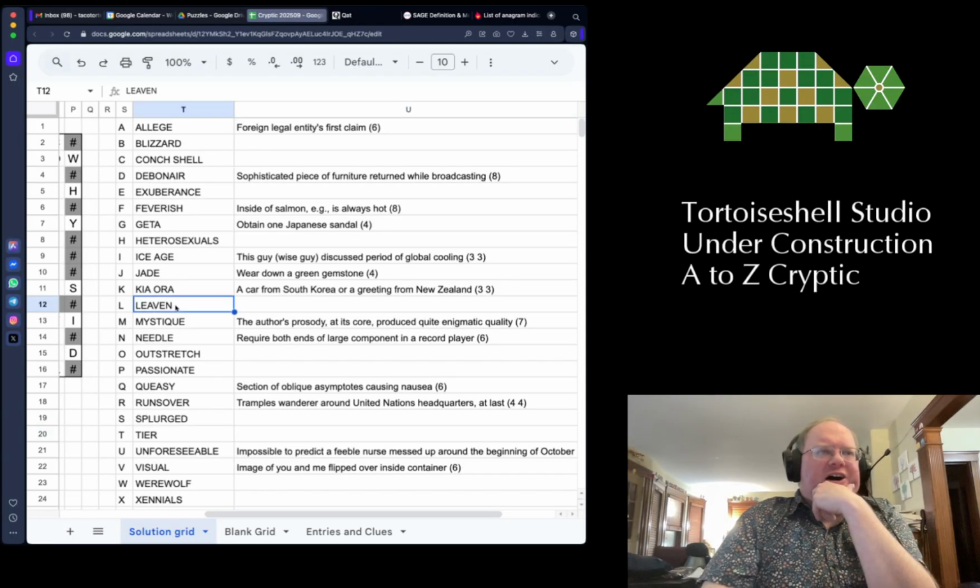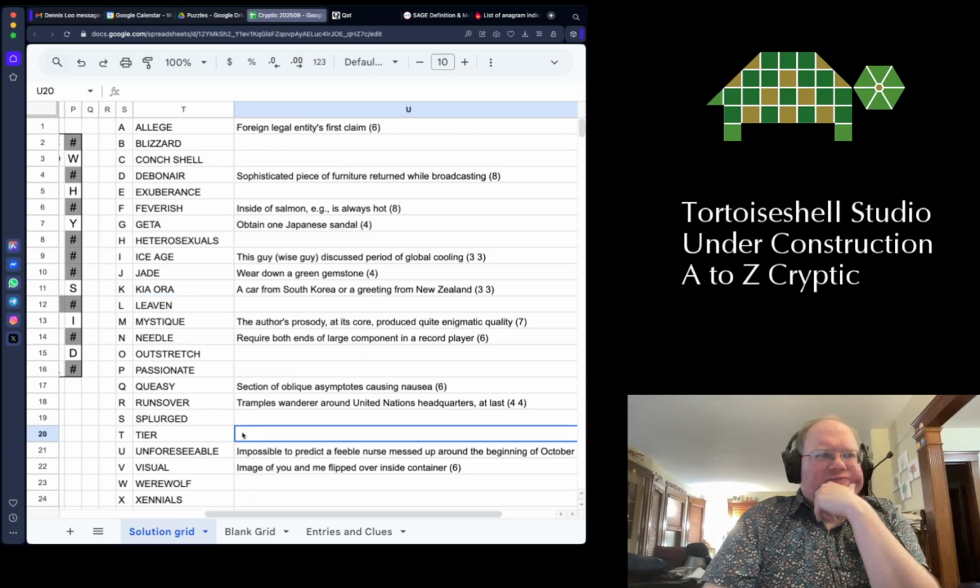Possibly something with like oven now that I think of it, since leavened products are often put in ovens.